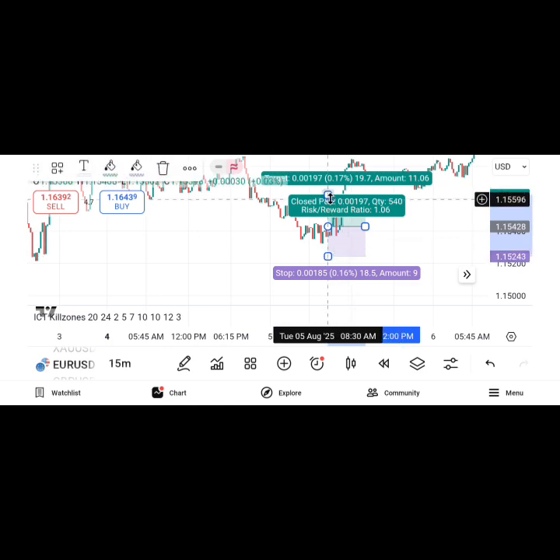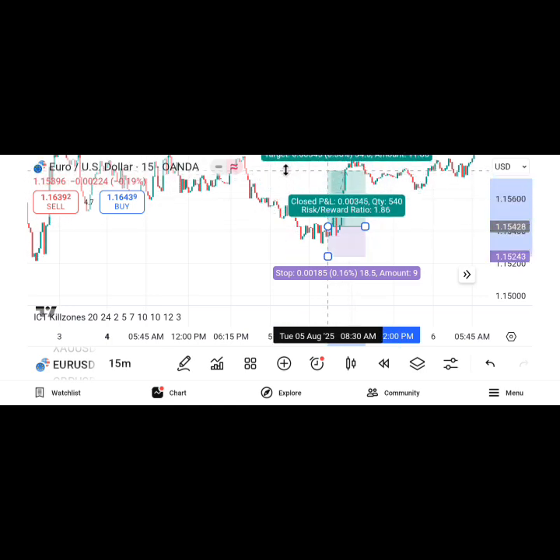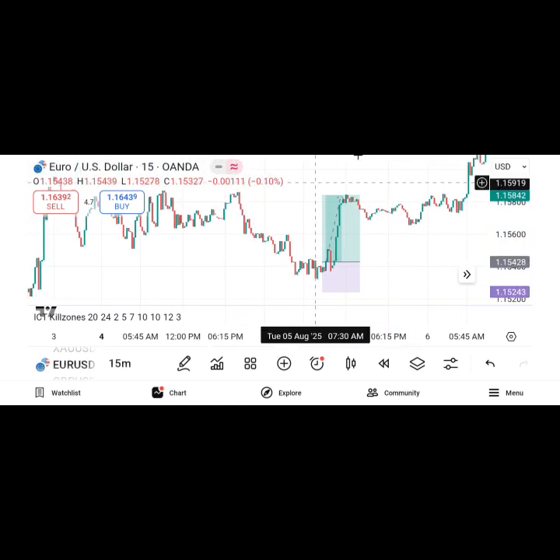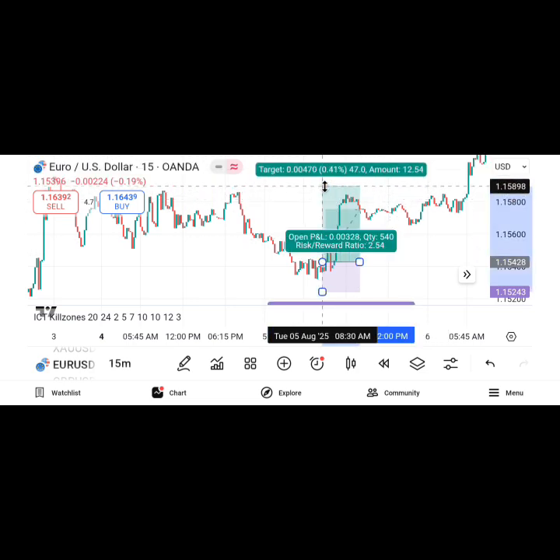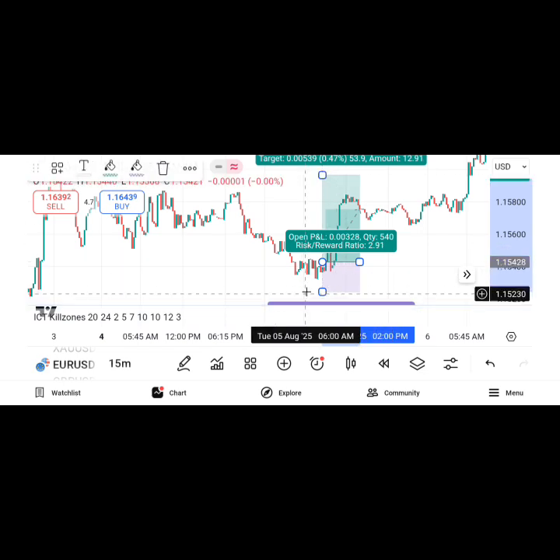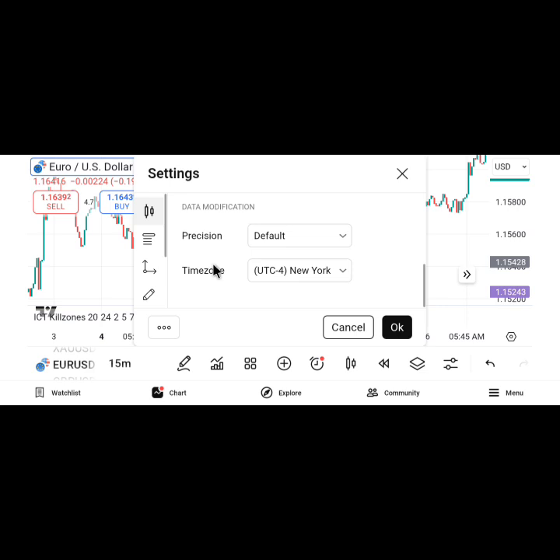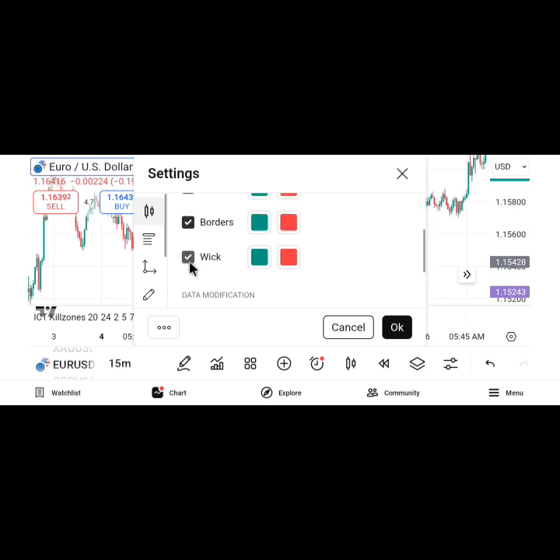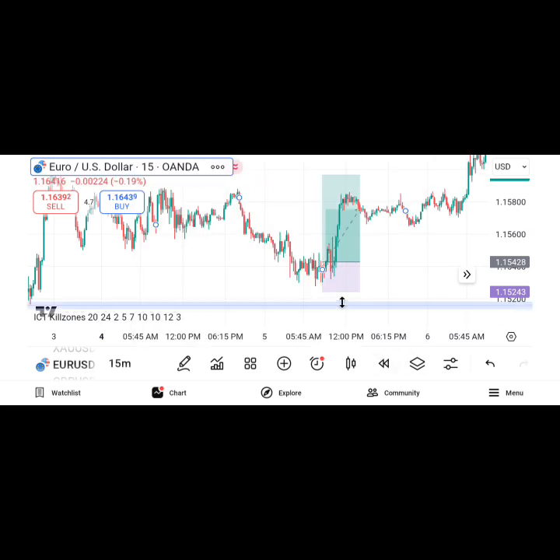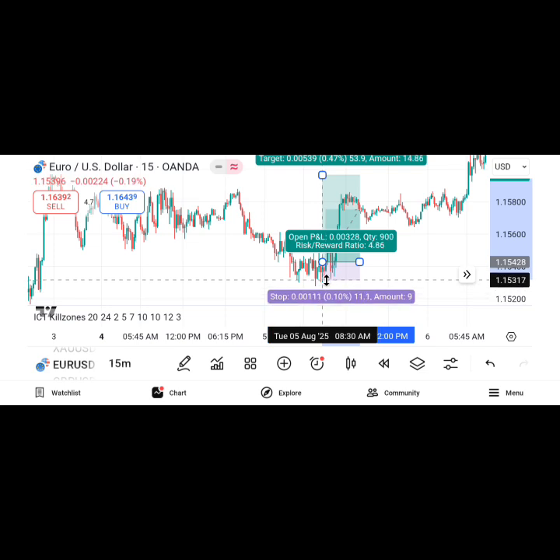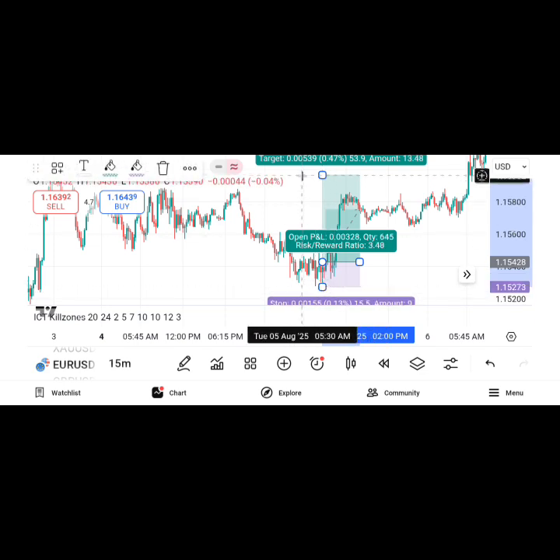From here I targeted 3 hour. 3 hour was not far from here though. 3 hour came in before the manipulation, before the consolidation. Right here.